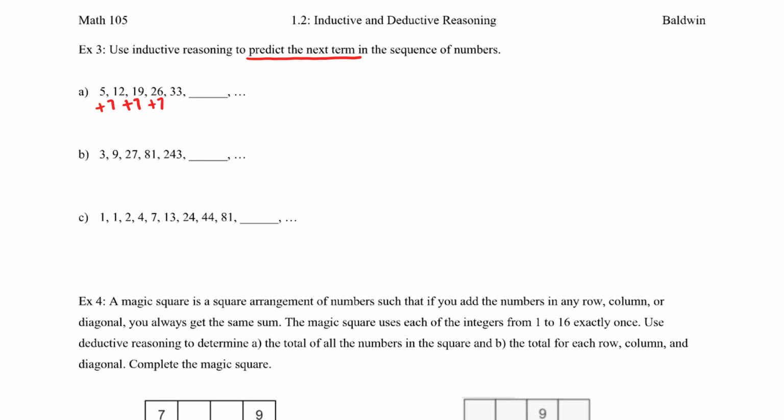And 26 plus 7 is 33. So our pattern is adding 7 here. To figure out the next term, we take 33, add 7, and that gives us 40. That is the number that goes in the blank for part A.